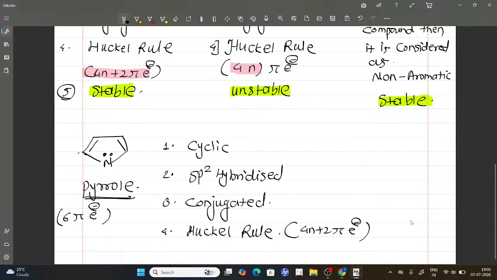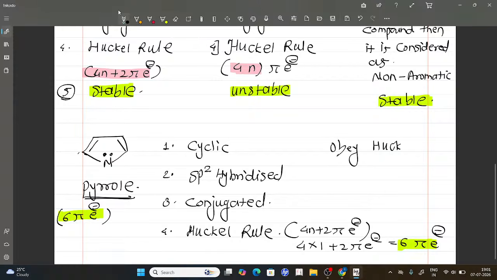By putting n equal to 1 in 4n plus 2, we get 6 pi electrons, and hence this pyrrole obeys Huckel's rule.